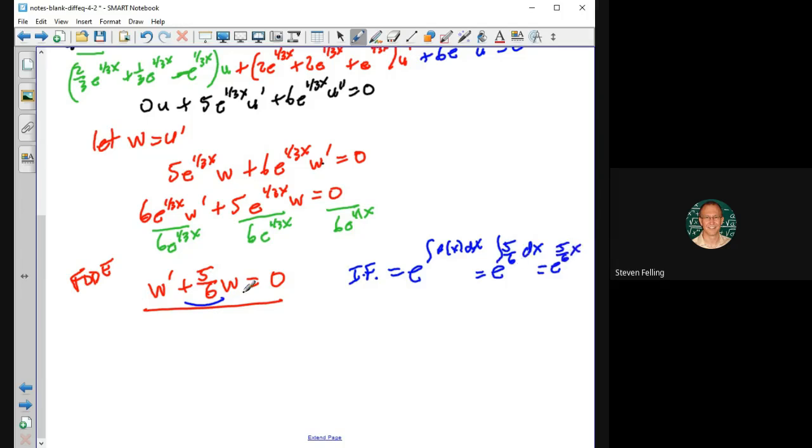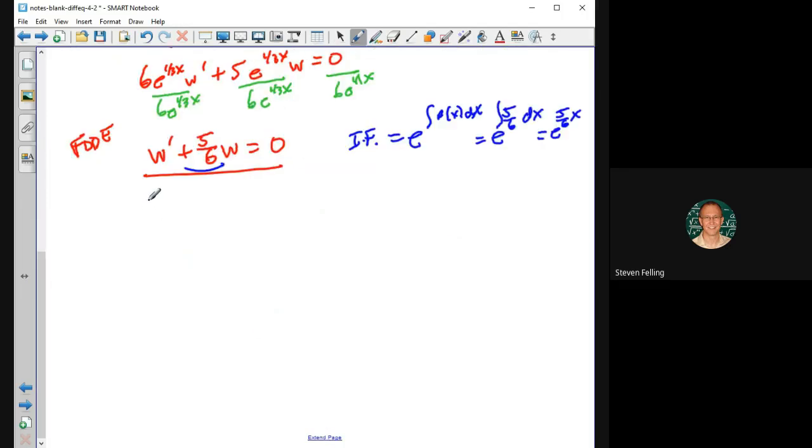And so then the way we proceed here is we say, all right, I know that if I just multiply, the left-hand side is going to be the integrating factor times the variable w. And we start off with the derivative of that being equal to the right-hand side, which is 0, times the integrating factor. So if you multiply the right-hand side by the integrating factor, you get something that's the derivative of the integrating factor times the dependent variable.